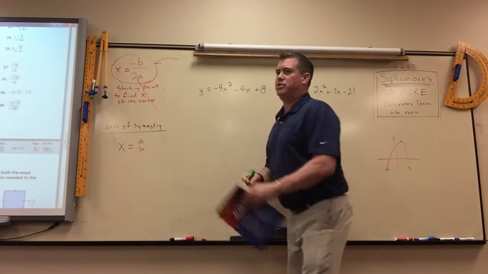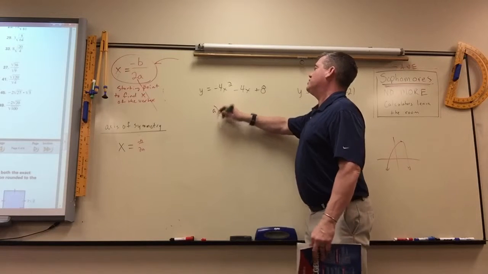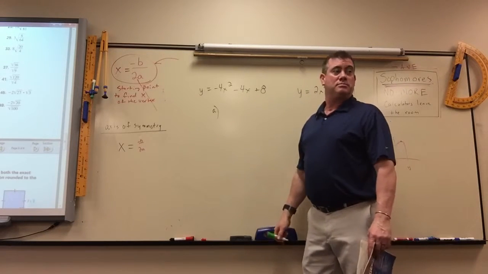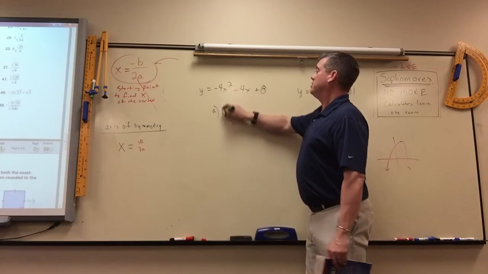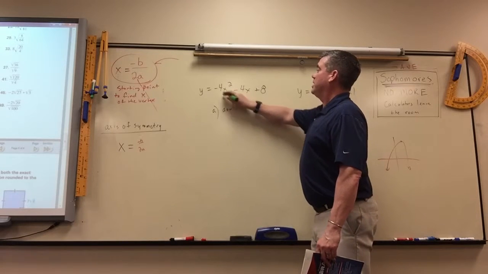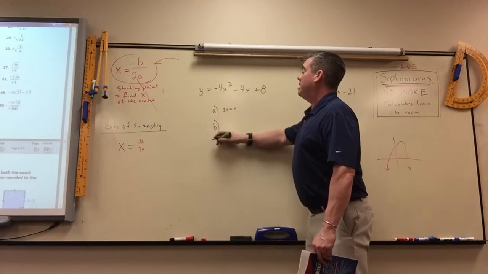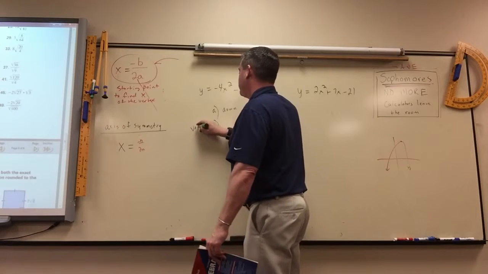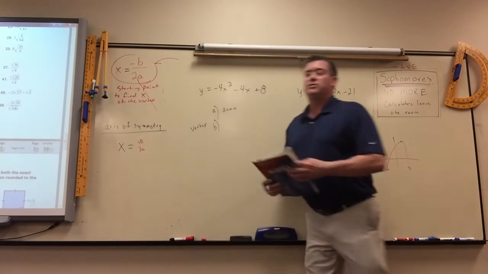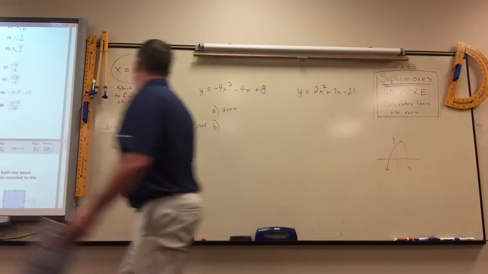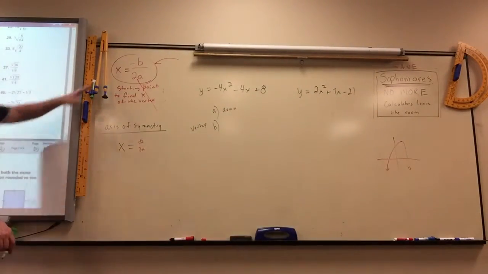So, the 3 things you're doing. A, does this open up or down? Down, because it's negative. B, they ask for the vertex. So the vertex is, you figured out using this.